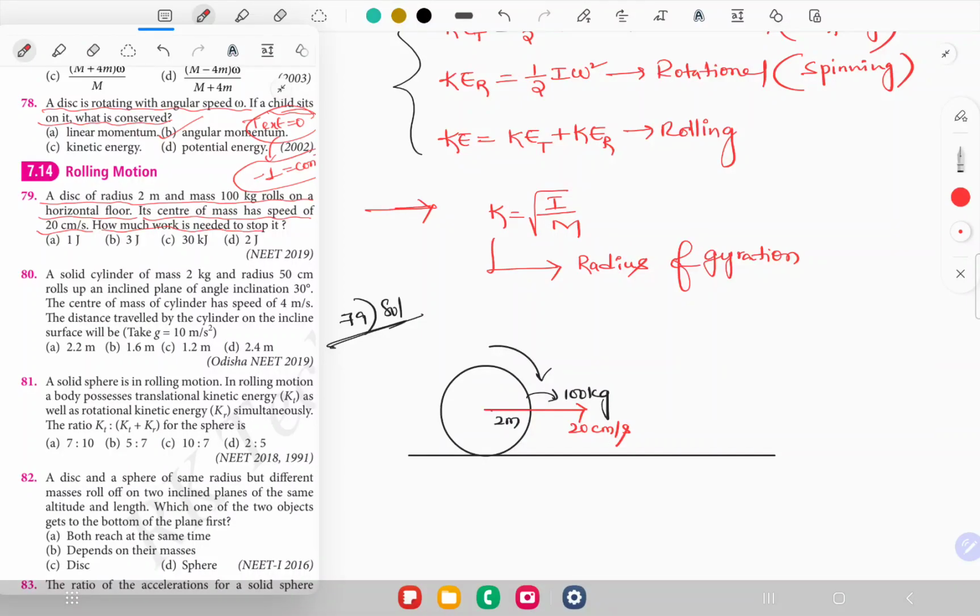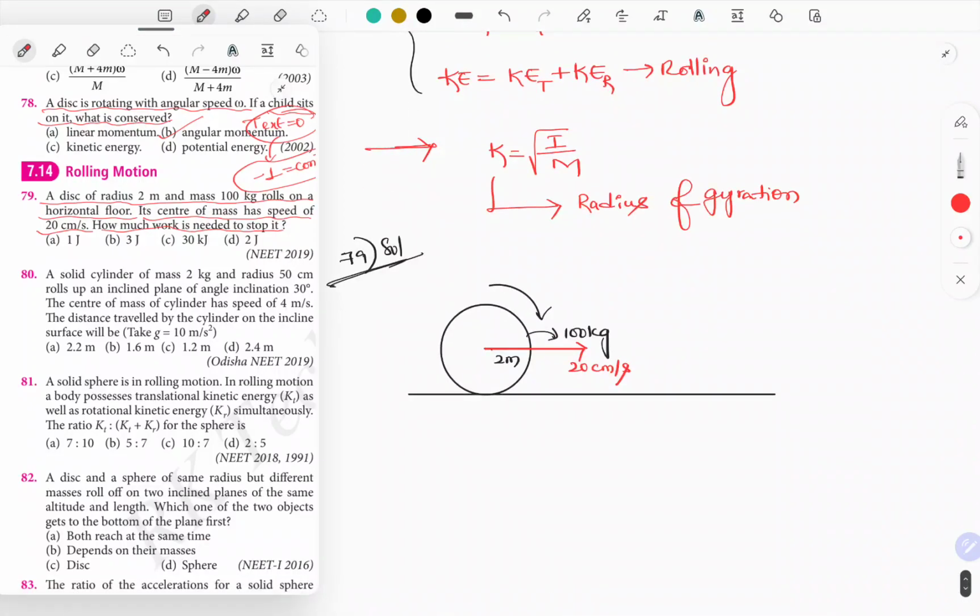How much work is needed to stop it? Okay, super. In the sense we need to use the work energy theorem. Work energy theorem is nothing but final kinetic energy minus initial kinetic energy.